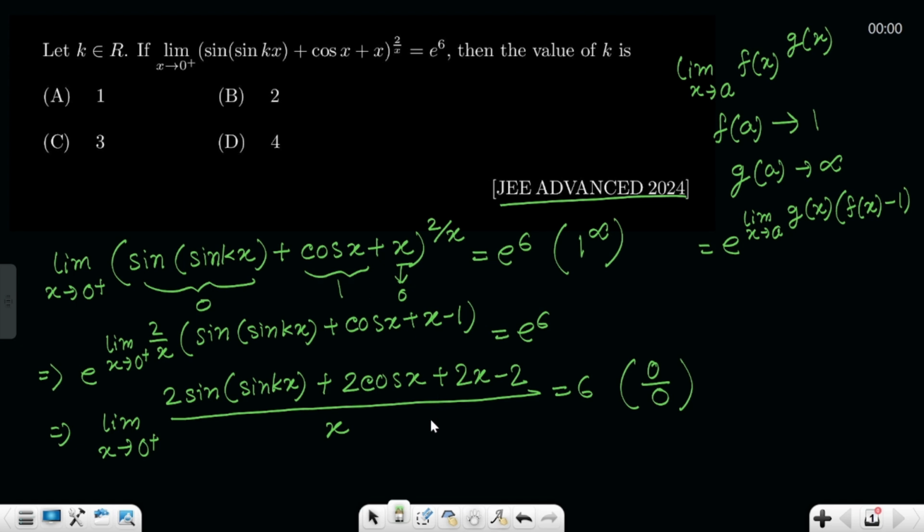If we try to do it, this will be limit x tending to 0 positive.